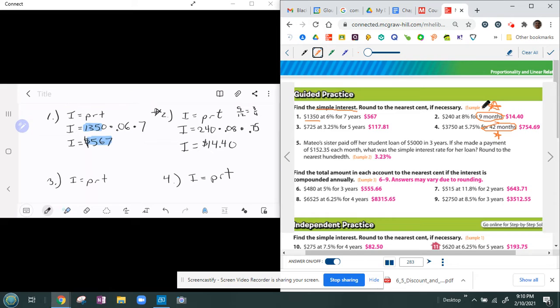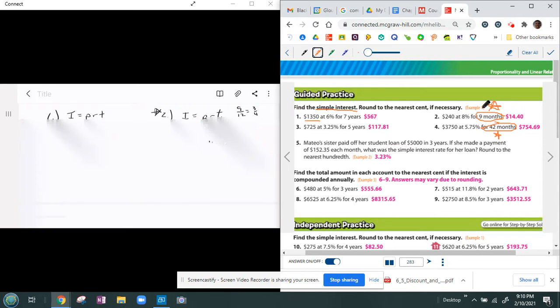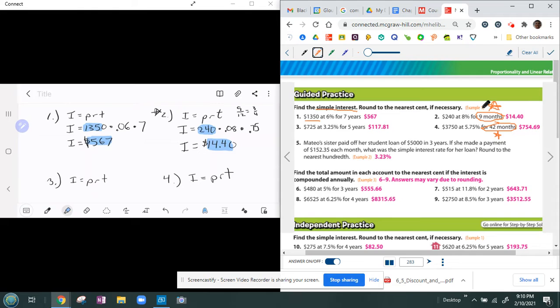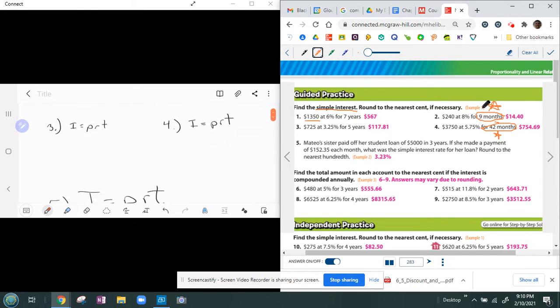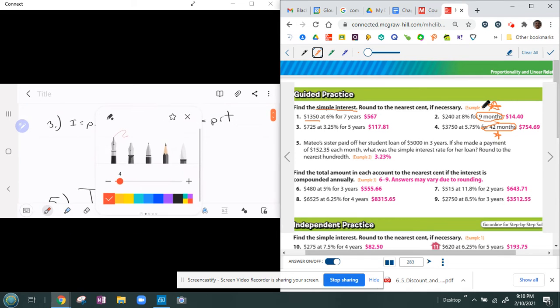All right, again, we could add the principal and the interest to get the total amount that we have. Okay, so this part here to convert the months to years is probably an important piece that you need to know. All right, on to number 3.